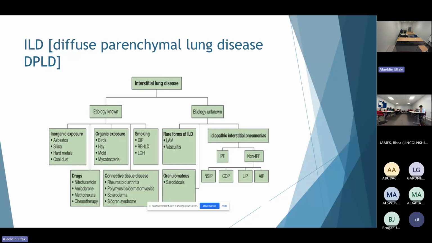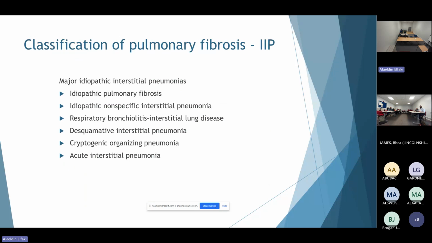Cryptogenic organizing pneumonia, COP, might also be idiopathic, or sometimes caused by connective tissue disorders or post-pneumonia. The second most common type of idiopathic interstitial pneumonia is non-specific interstitial pneumonia. We'll see the radiological pattern of each one.